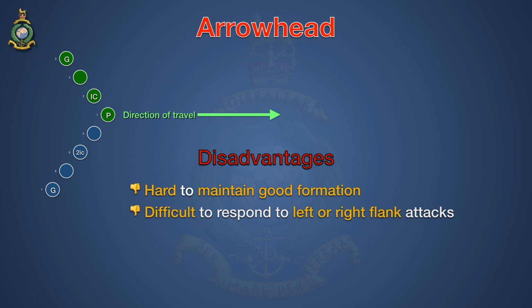So you'd find that Delta, the blue symbols, would have to move around very quickly to the side to be able to join Charlie in responding to that attack. And conversely, if they were attacked from the right, Delta would be able to respond. Charlie would not be in a position to do so. They'd have to move before they would be able to safely respond.